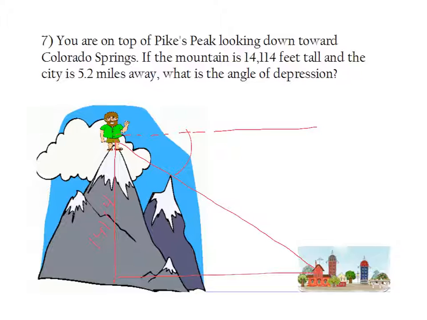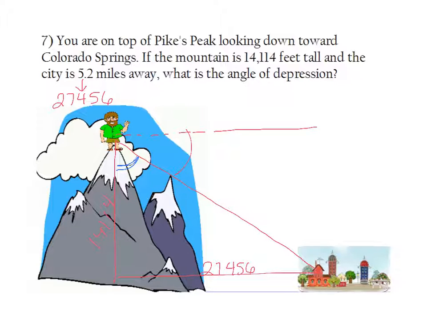The other thing that you have to be careful about is when I say 5.2 miles, we can't have one side in miles and the other one in feet. So take that times 5,280, and you should get 27,456. And that's going to be the leg. And it looks like another tangent scenario.